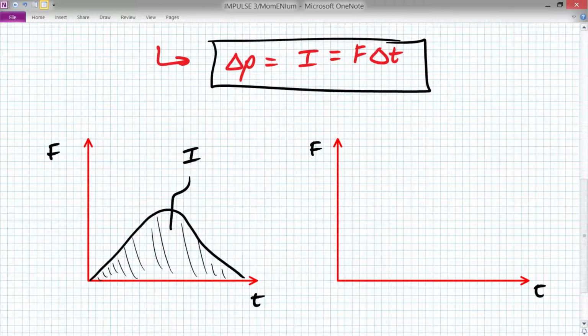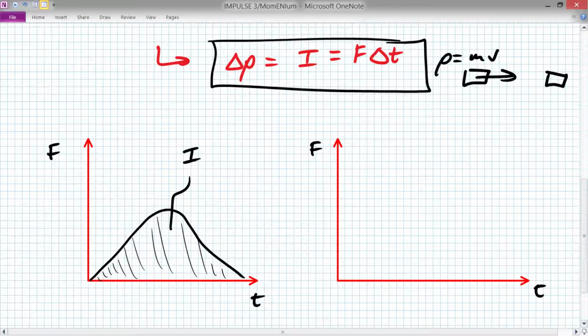And what we found was, for any collision where the impulse is the same, say a car hitting a wall, which you might be familiar with, starting off at some speed v, so this would be mv, our momentum, and then at some point later coming to rest with the wall having no momentum, then we can plot that, and the area under the curve is our impulse.